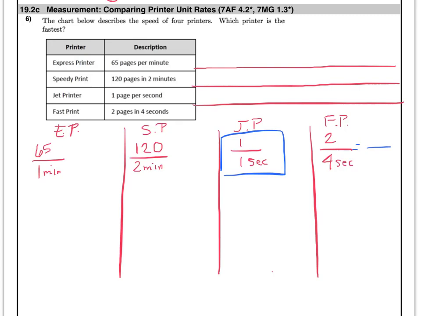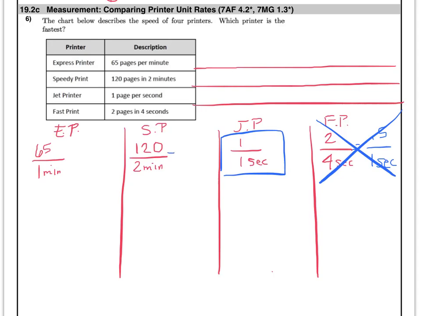In order for this to be 1 second on the bottom, I would have to divide the bottom by 4. And if I divide the bottom by 4, I divide the top by 4. And 2 divided by 4 is a half. Okay, well, is a half bigger, faster, or slower than 1? Do you want 1 page per second, or do you want a half page per second? Well, you would want the 1. So this guy already is slower, so we're going to take him out of the loop.